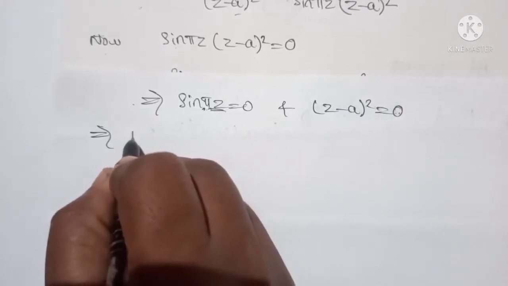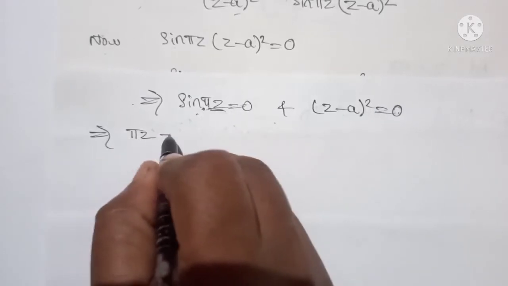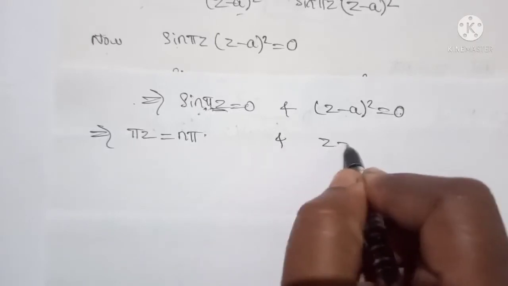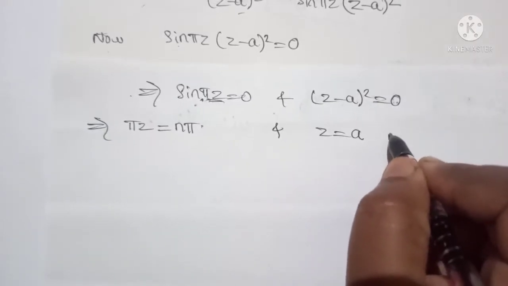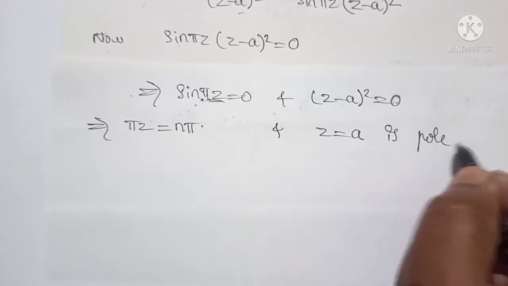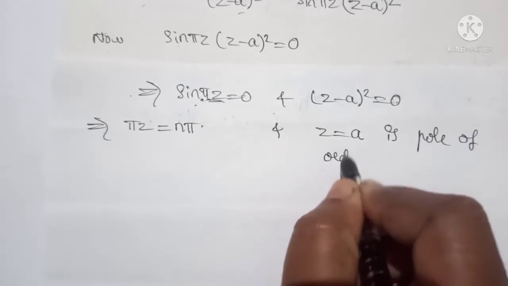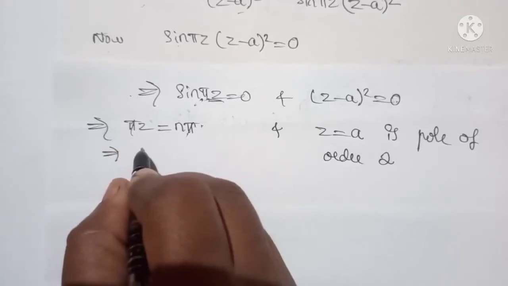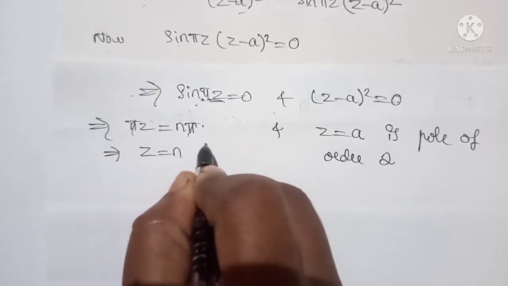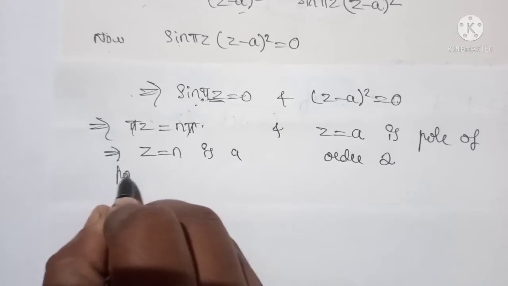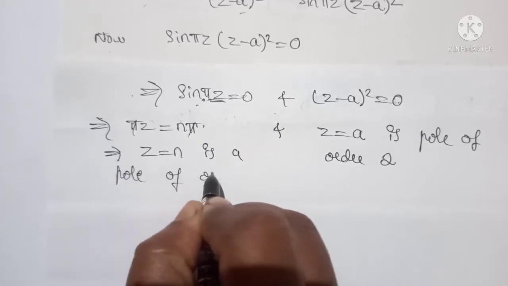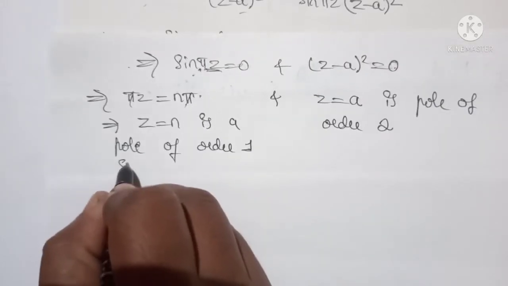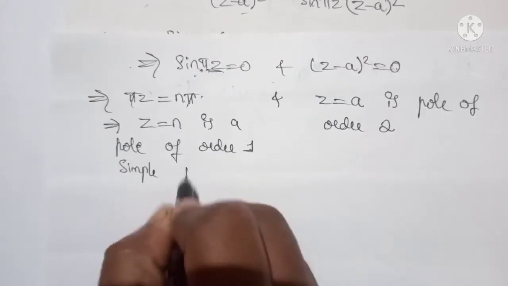So here we get pi z equals sin inverse of 0, which equals n pi, and z equals a is a pole of order 2. Here pi gets cancelled, and z equals n is a pole of order 1, so it is a simple pole.